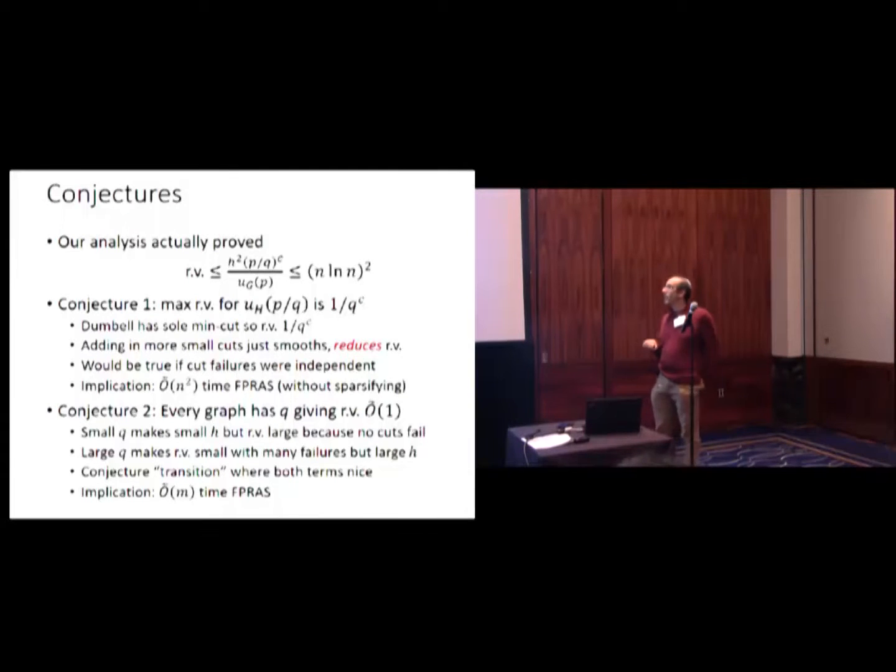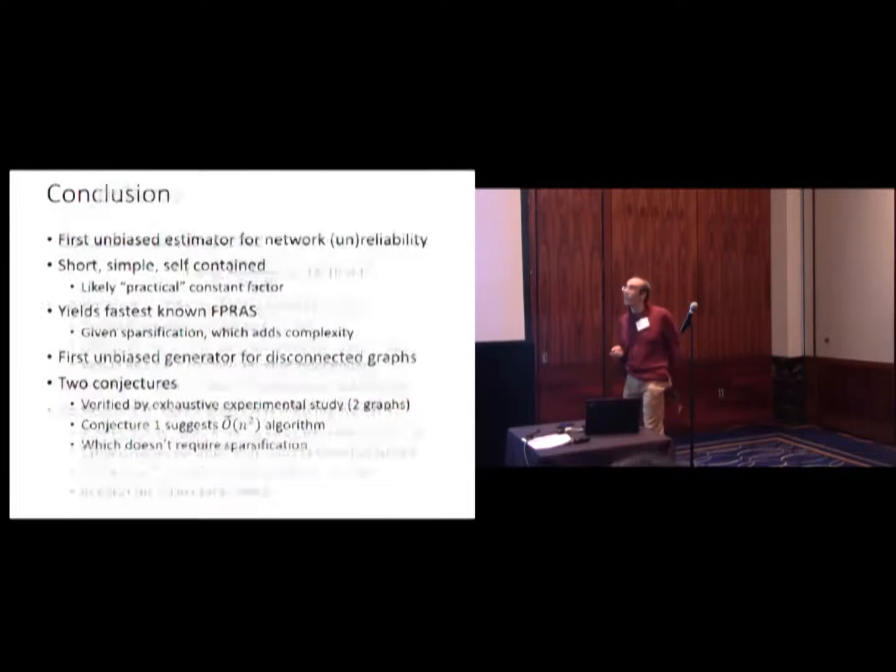And if that is true, then you can get an order n squared time fully polynomial randomization technique using some recursion. My second conjecture is even more fun, which is that for any graph, you can find a suitable Q that gives you a relative variance that is constant, in which case you would get a linear time approximation algorithm for network reliability, which would be awesome.